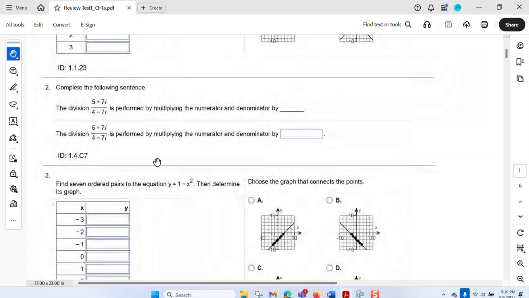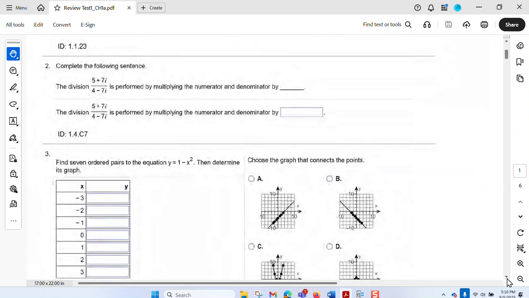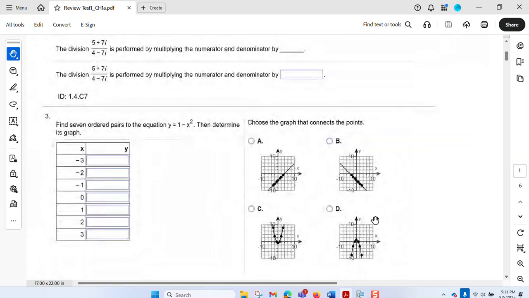All right, number 3 here is to find 7 ordered pairs for the equation and then determine the graph. You can see this one is x squared, so this is not a straight line. This one would be a parabola, either facing up or facing down.